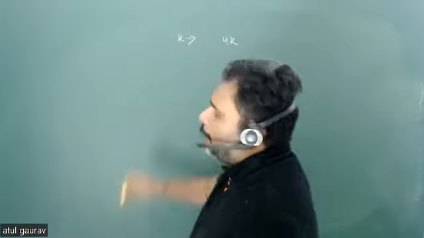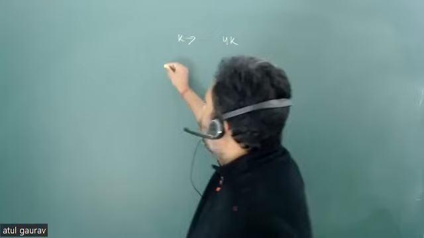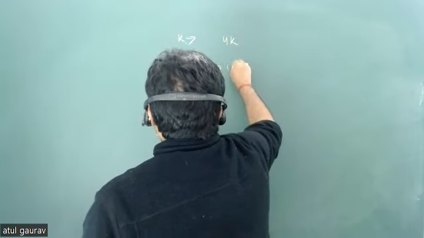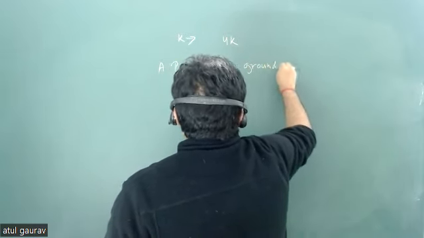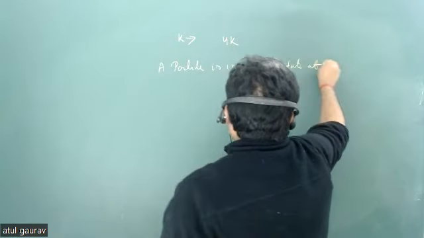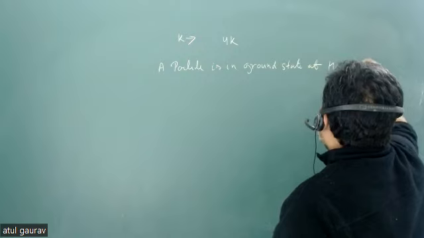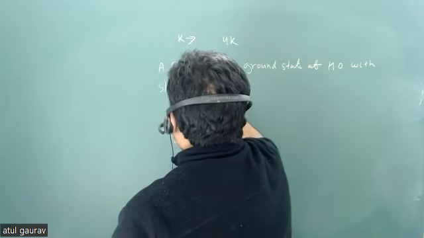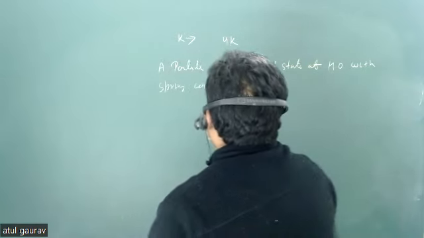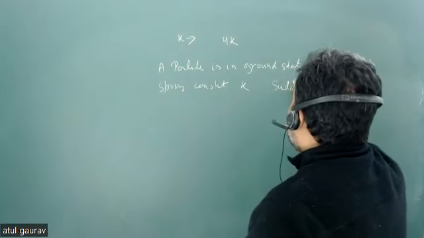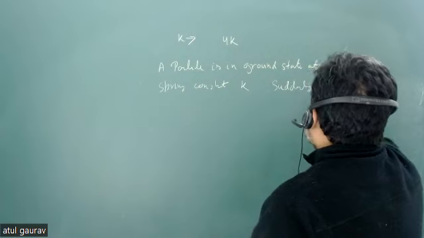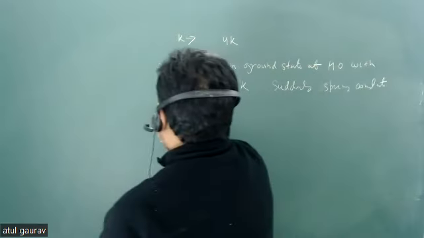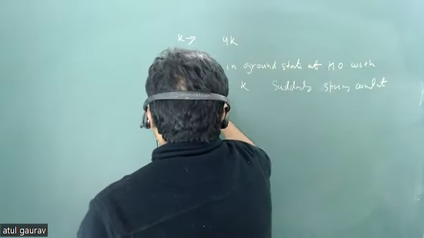So आप क्वेश्चन लिखो. A particle is in ground state of harmonic oscillator with spring constant K. Suddenly spring constant changes to 4K.